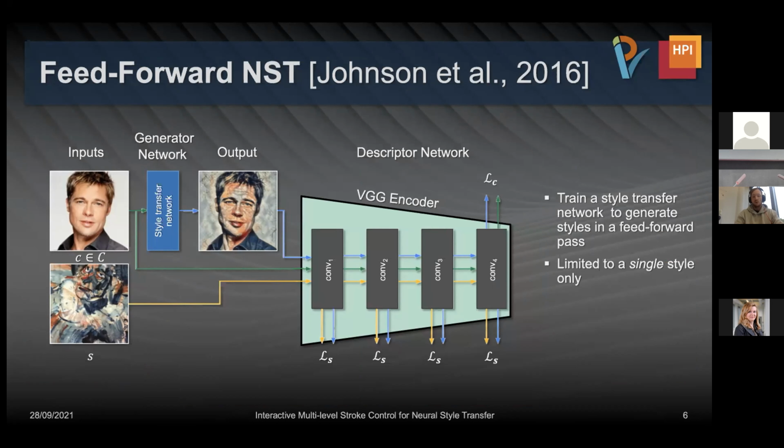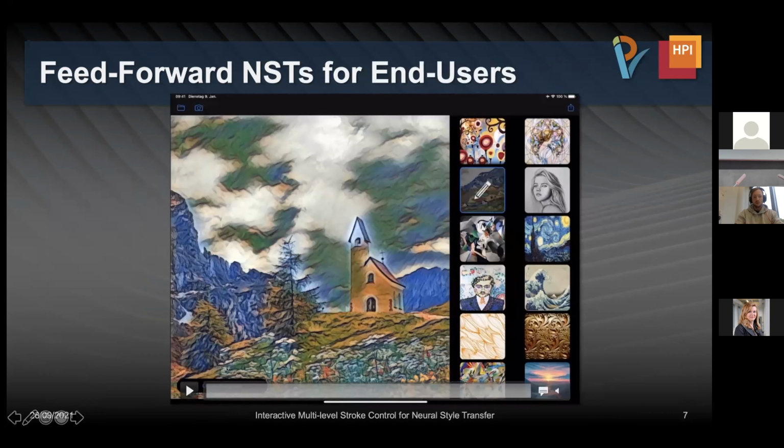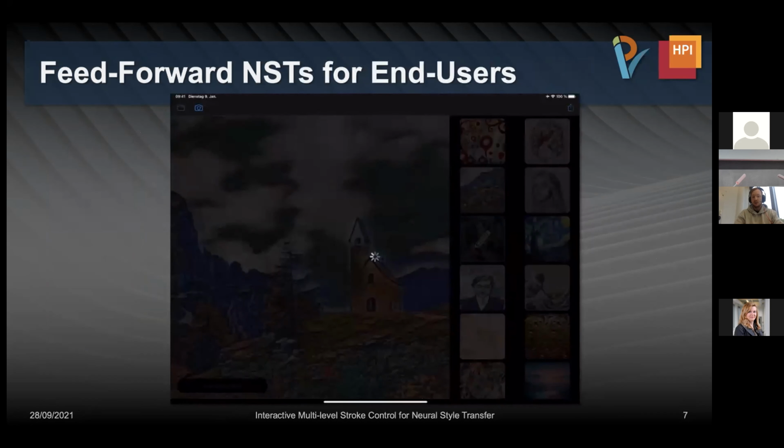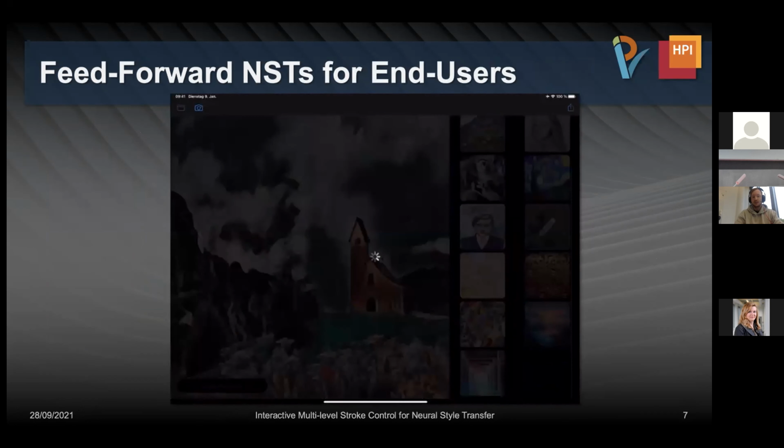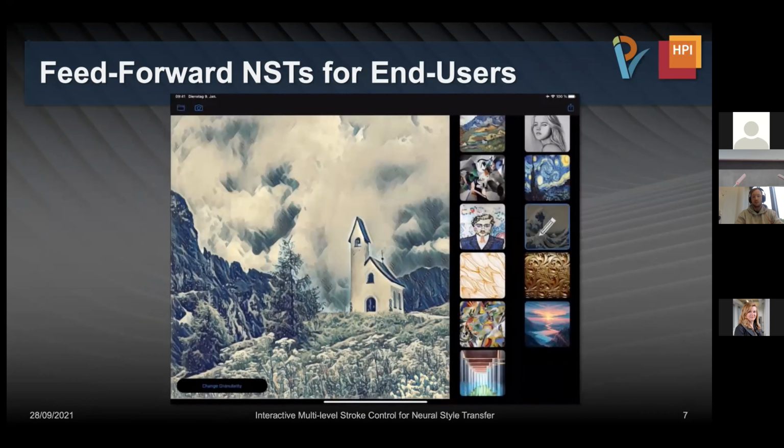There have been multiple approaches to expand this network for more than one style or arbitrary styles. However, in commercial applications, this feedforward style with one style has prevailed due to its speed and its result quality. So the neural style transfer in use in many applications typically presents the user a selection of different style images, which he can choose and then apply a style to the image.